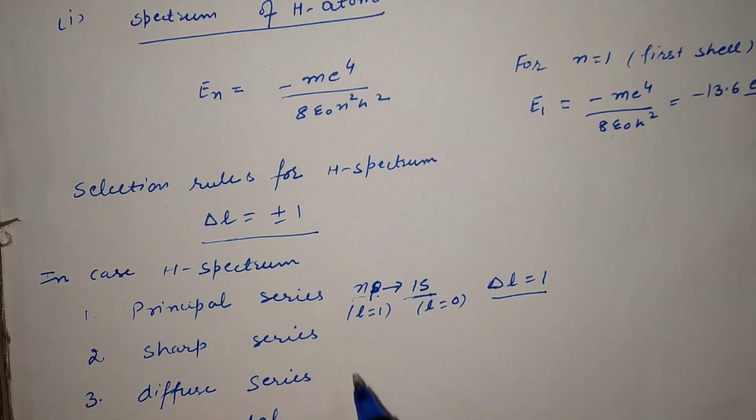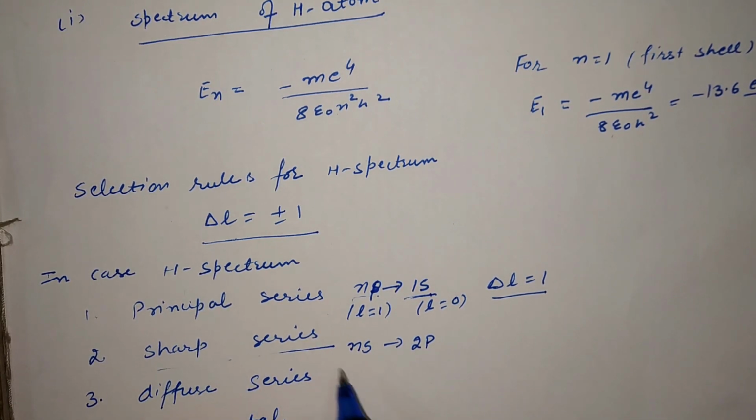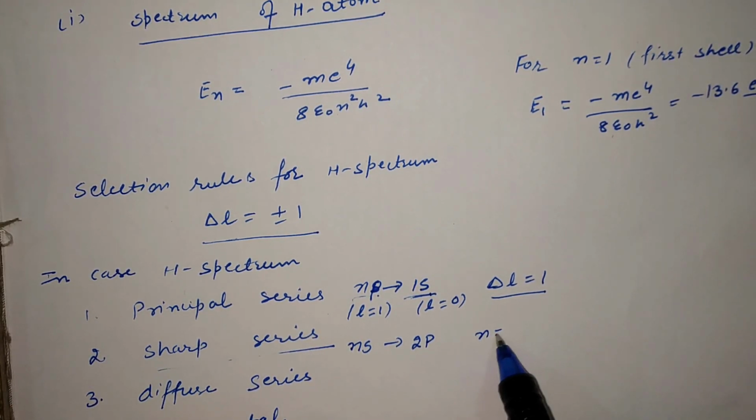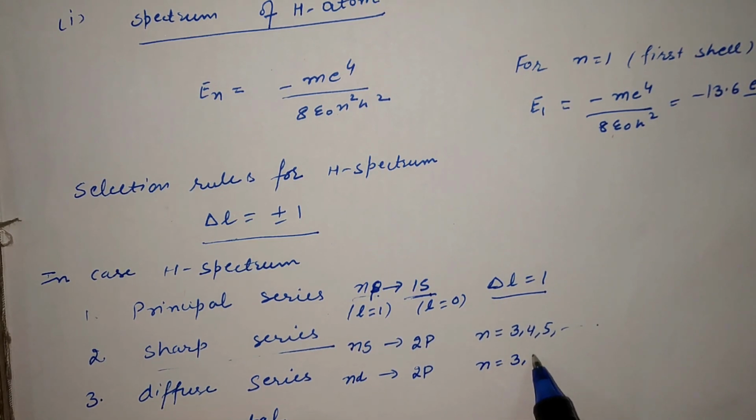In the same way, the transitions which start from ns to 2p form the sharp series. In this case, the value of n is 3, 4, 5 and so on. For the diffuse series, all the transitions start from nd to 2p. Again the value of n is 3, 4, 5 and so on.